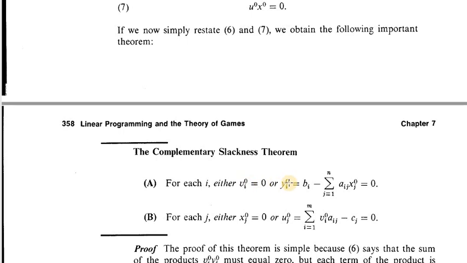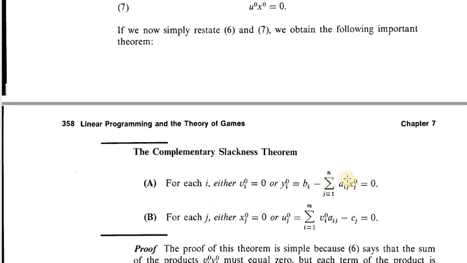Let me say that again. If I increase bi by 1, then my maximum solution will increase by vi. Okay? So this is saying that if an increase in bi produces an increase in the value of the maximum solution, then this constraint must be satisfied exactly.